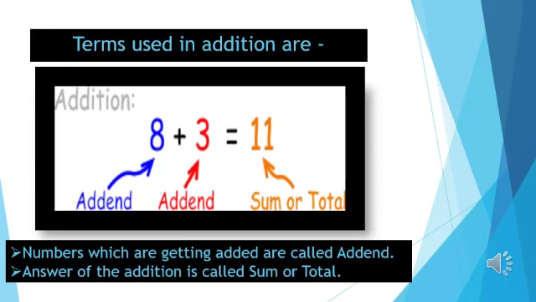So here you have 8 plus 3 and you already have seen that 8 plus 3 is equal to 11, and 8 and 3 both numbers are called addends. Addends are the numbers which we are adding, and the answer of the addition which we are getting, that we term as sum or the total.